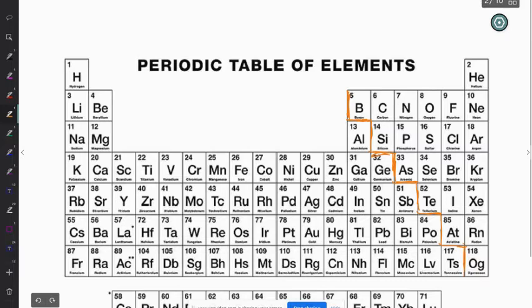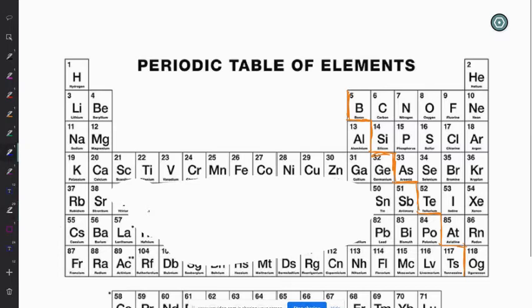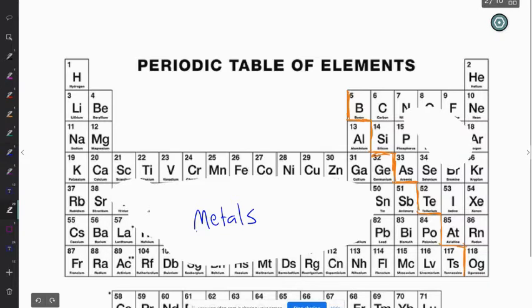All right. So this whole area over here, this would be where we say the metals live. And then this area up here, we would call the nonmetals.